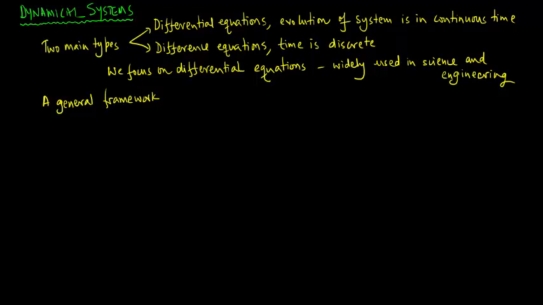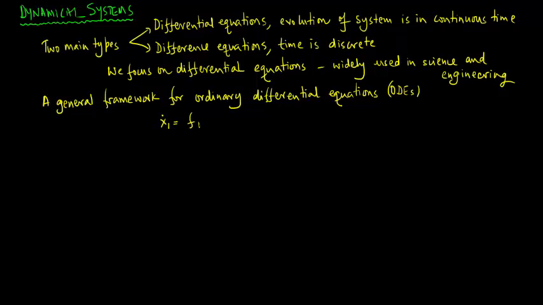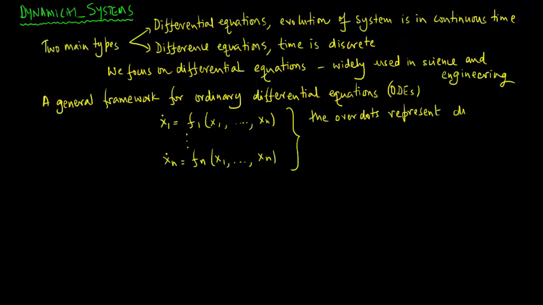A very general framework for ordinary differential equations, abbreviated as ODEs, is x1 dot is equal to f1(x1, ..., xn), all the way up to xn dot is equal to fn(x1, ..., xn). The overdots represent differentiation with respect to time t. So xi dot is equal to dxi/dt.